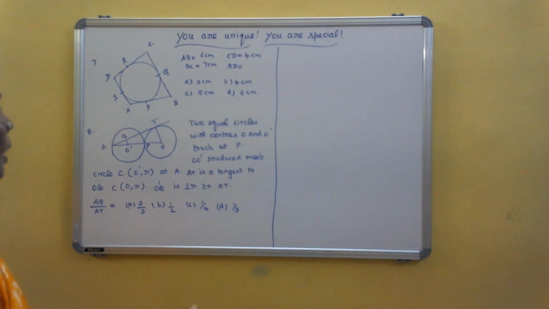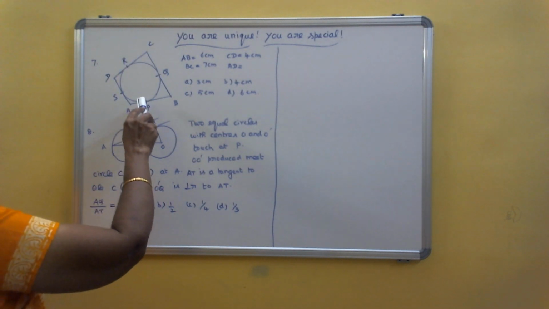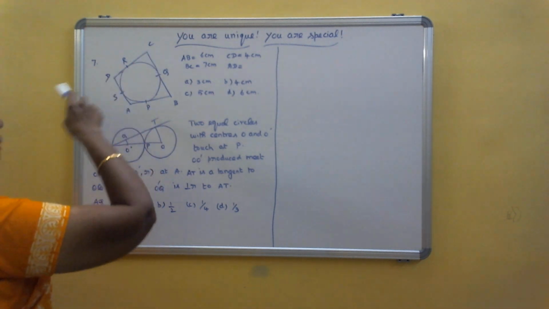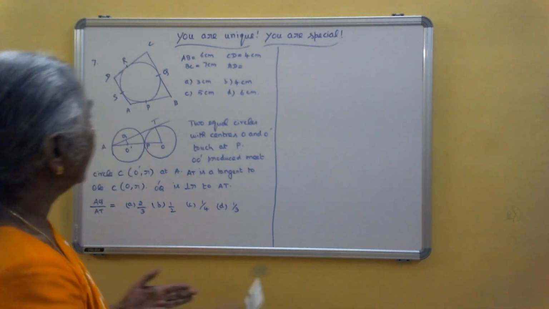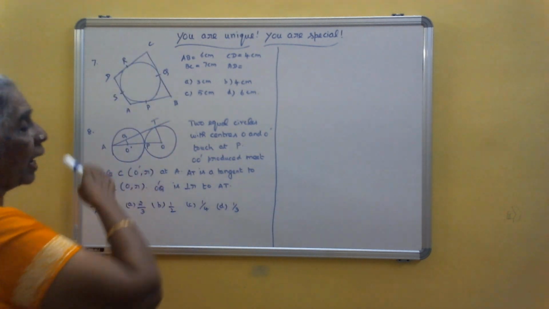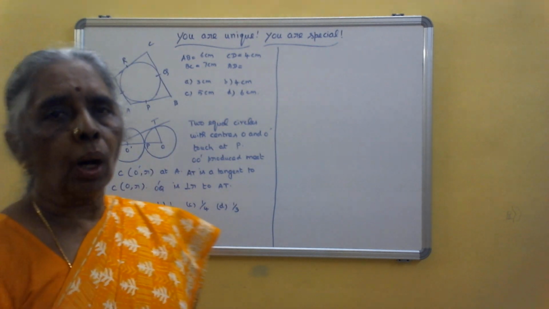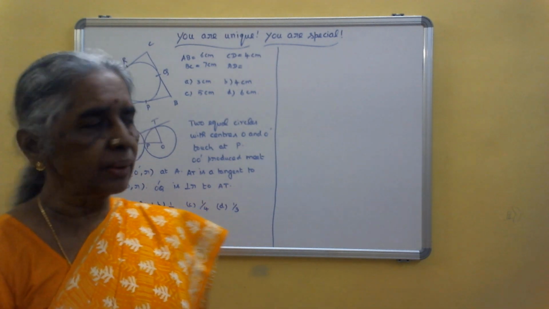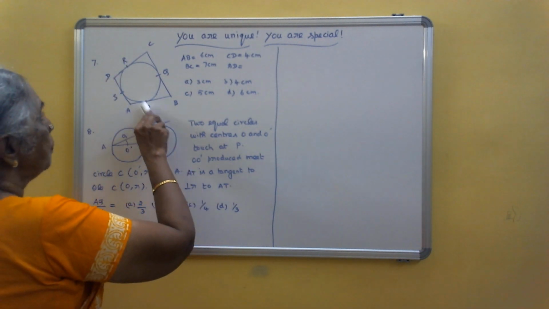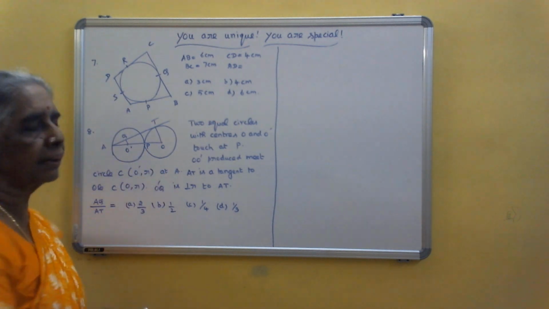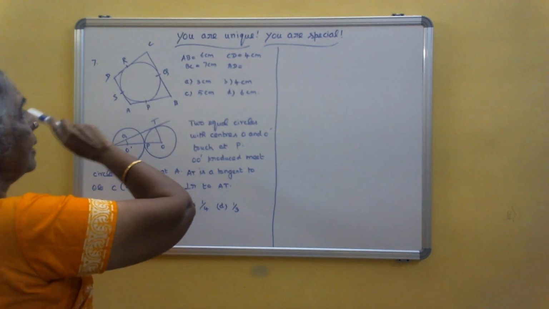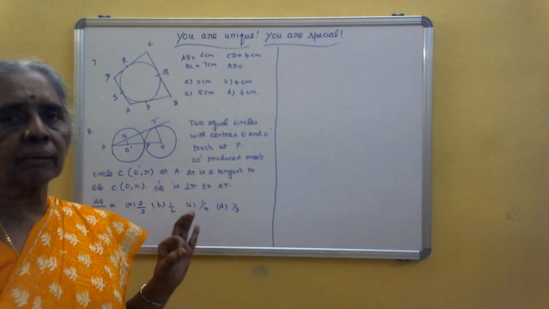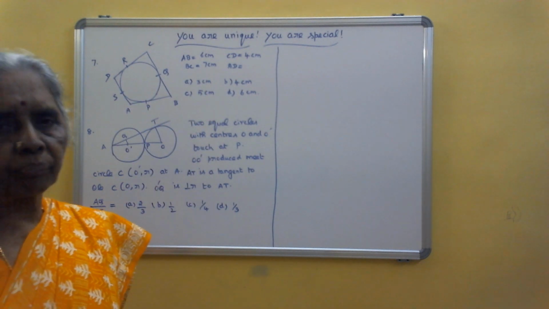Seventh sum. There is a circle and a quadrilateral is circumscribing it. Here, actually, if you see, the four sides of the quadrilateral are tangents to the circle at the points P, Q, R and S. They have given you AB, CD and BC. You want to find the fourth side AD.